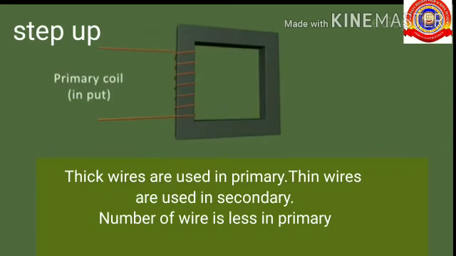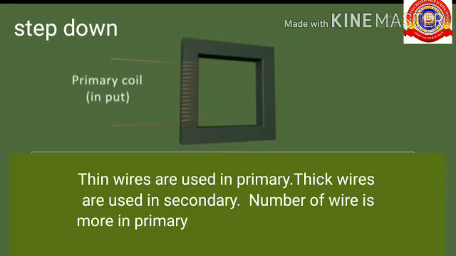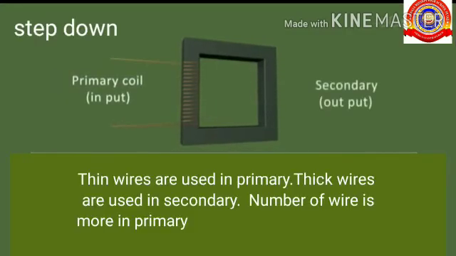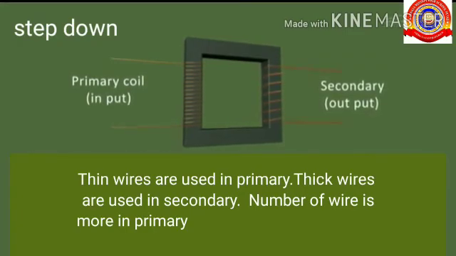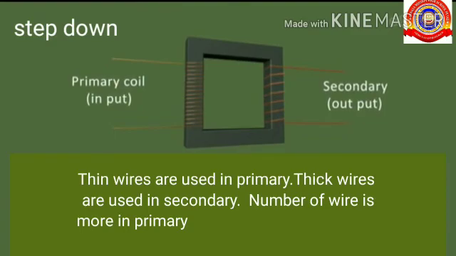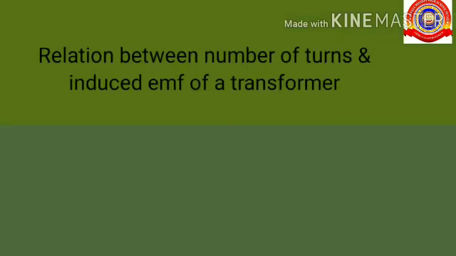In a step-up transformer, thick wires are used in the primary and thin wires are used in the secondary, and the number of turns is less in the primary than in the secondary. In a step-down transformer, thin wires are used in the primary and thick wires are used in the secondary. The number of turns is more in the primary than in the secondary.